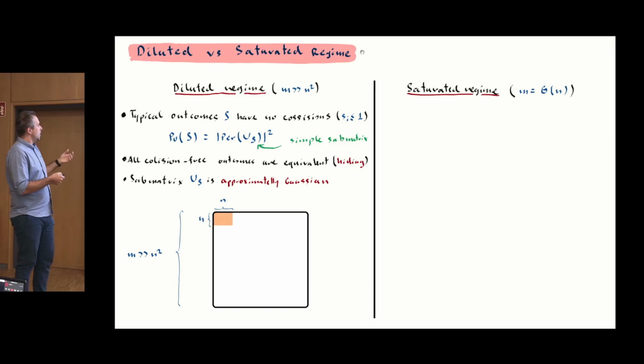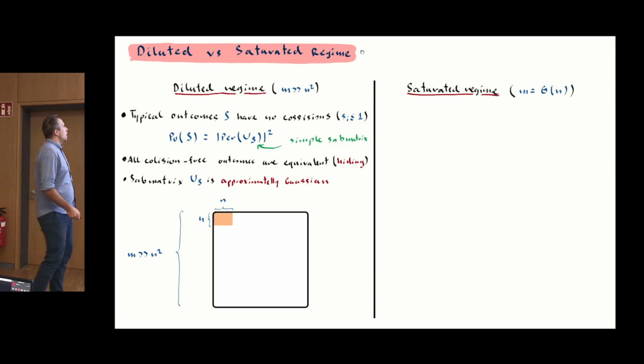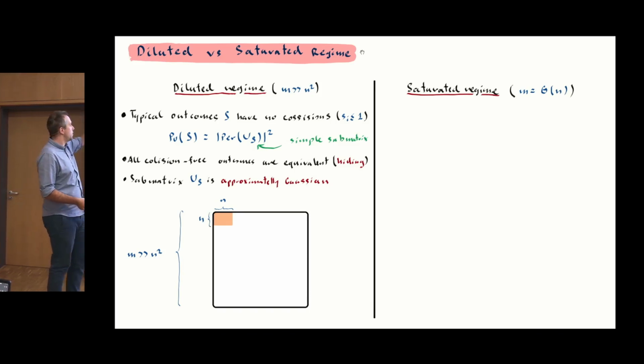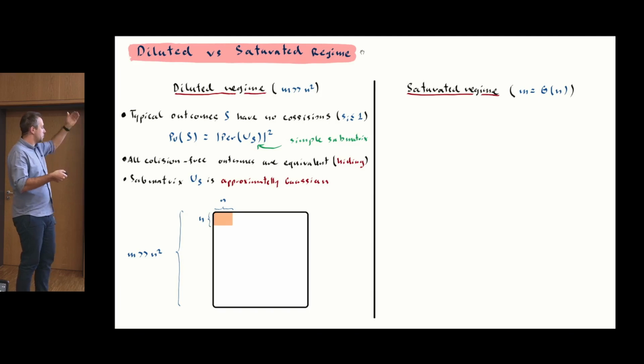Probabilities are given by permanents of simple submatrices of a matrix. All collision-free output states you can permute into each other by just shuffling modes.